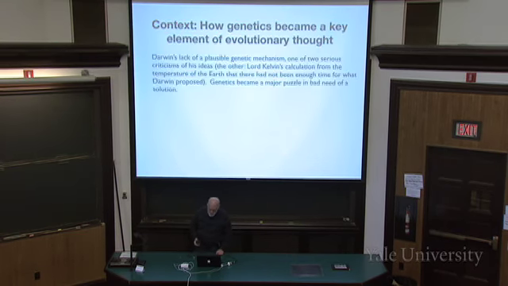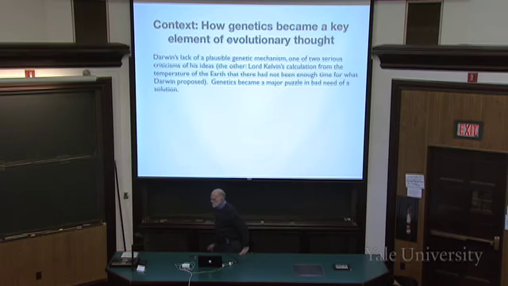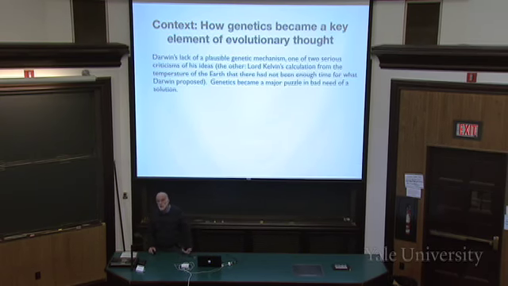So here's how genetics became a key element in evolutionary thought. Darwin did not have a plausible genetic mechanism, and he failed to read Mendel's paper, which came out 6 years after he wrote The Origin, but before he constructed some of the later editions of his book.